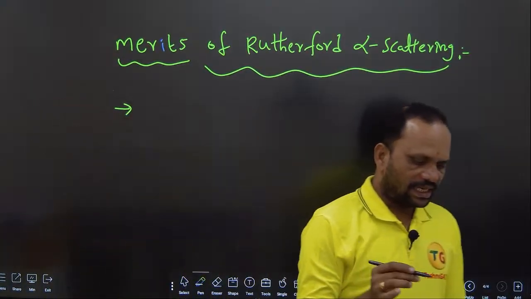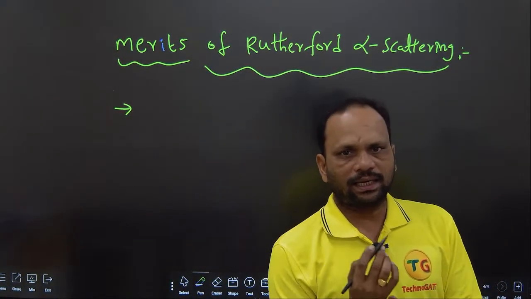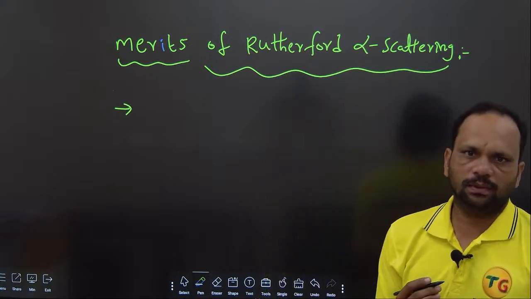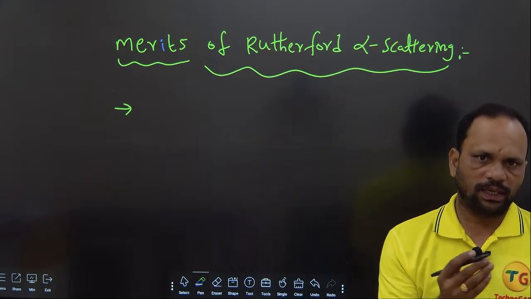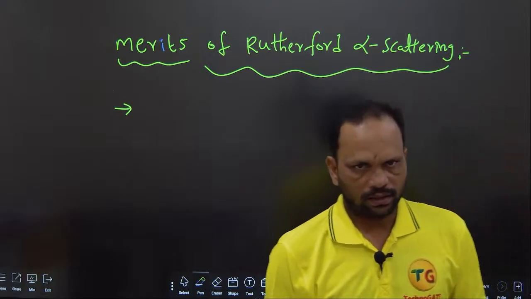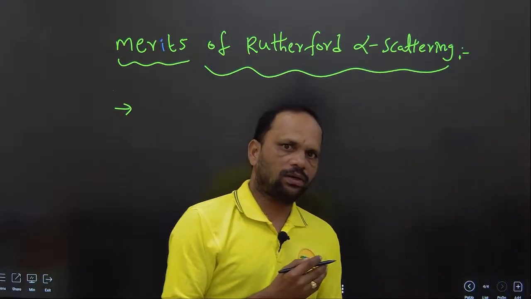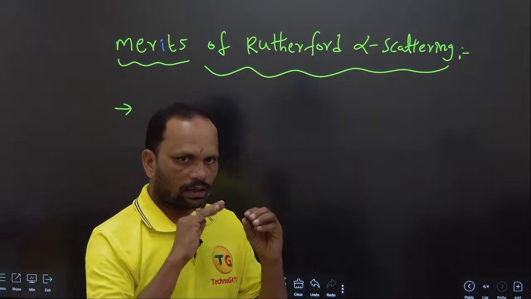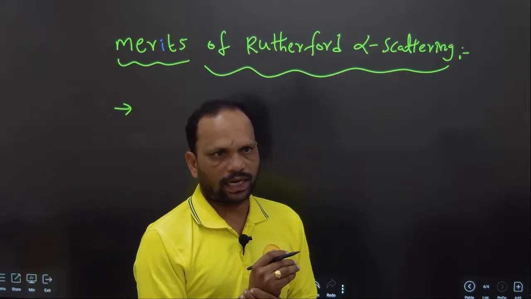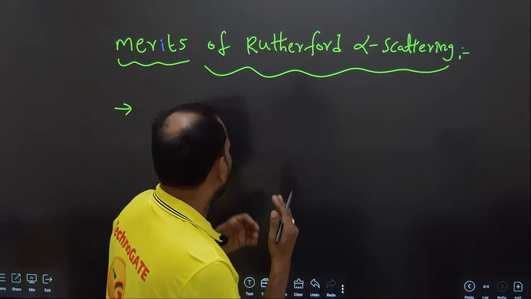He gave a statement: the total mass and positively charged particles of the atom are concentrated at a particular center, around the center electrons are revolving, and the atom is mostly empty.